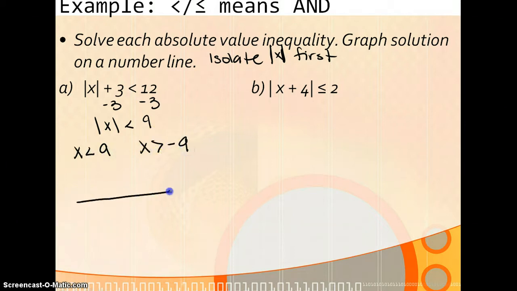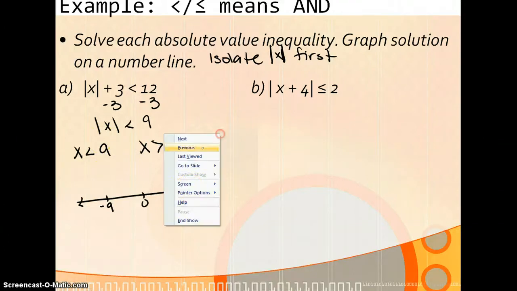If we graph this on a number line, they should be facing towards each other. Now, my number line is a little bit more basic than normal. I'm just placing the 9 and negative 9 equidistant from the 0 instead of drawing in all the 1s, the 2s, the 3s, all that. So that's perfectly fine and acceptable in my class.